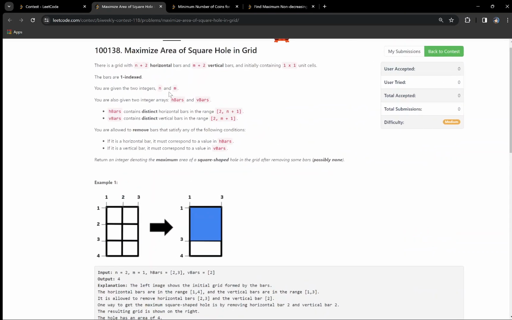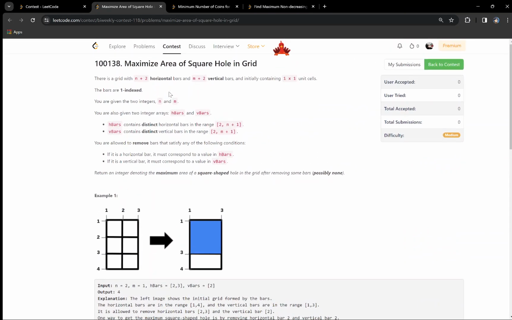So the next problem says: maximize area of square hole in grid. There is a grid with n plus 2 horizontal bars and m plus 2 vertical bars, initially containing 1 into 1 unit cells. The bars are 1-indexed. You are given two integers n and m.